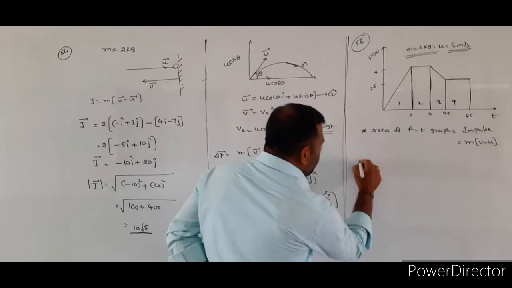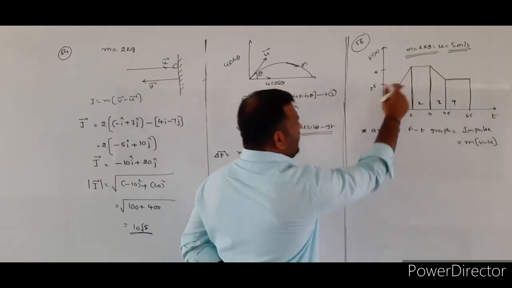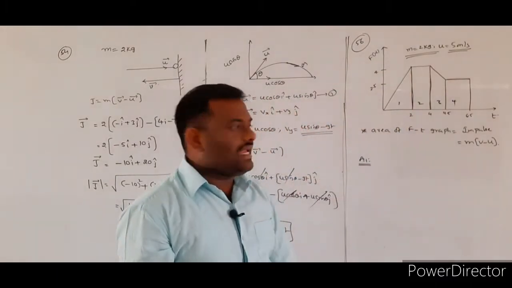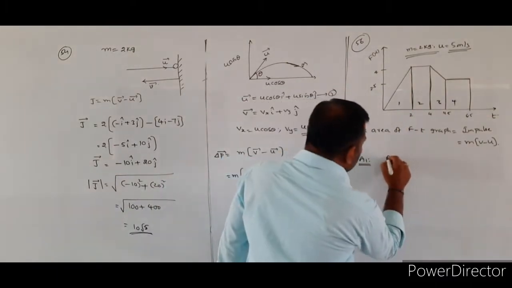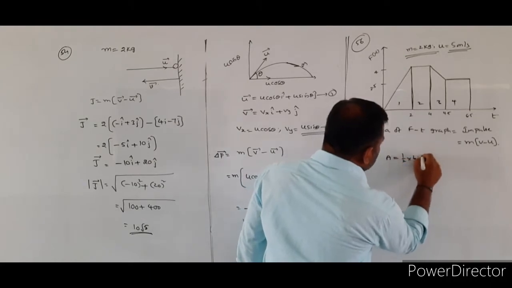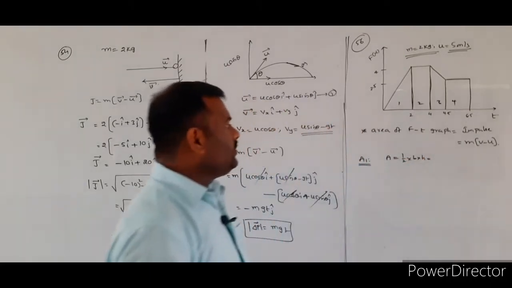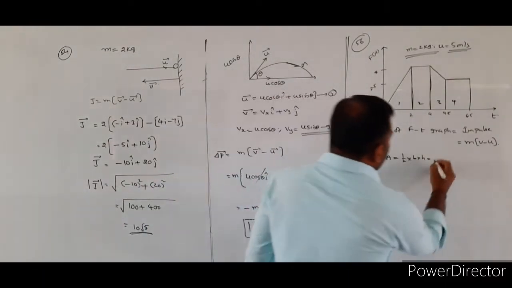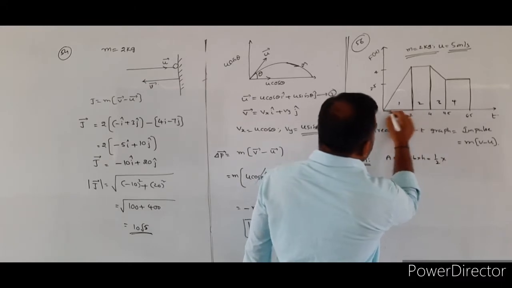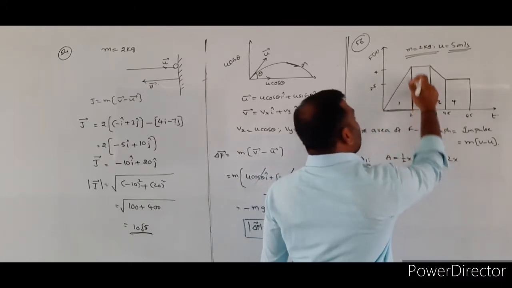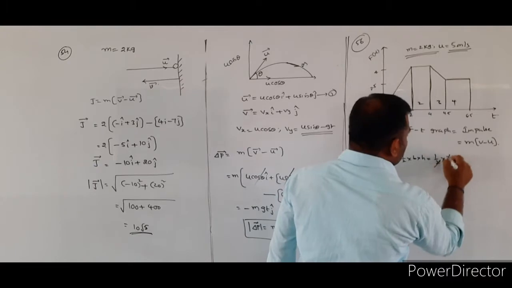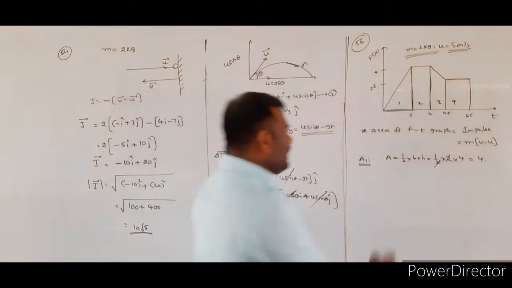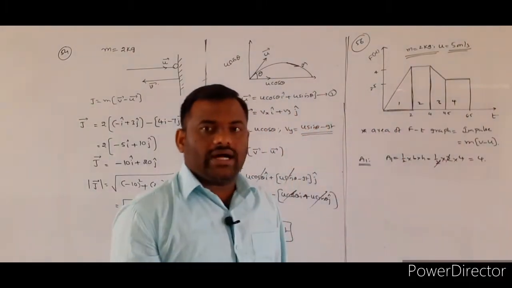First, we will calculate the area of the first part. This shape is a right angle triangle, so the area is half into base into height. Half into base value 2 and height value 4. If you simplify, the area of the first part A1 is 4.